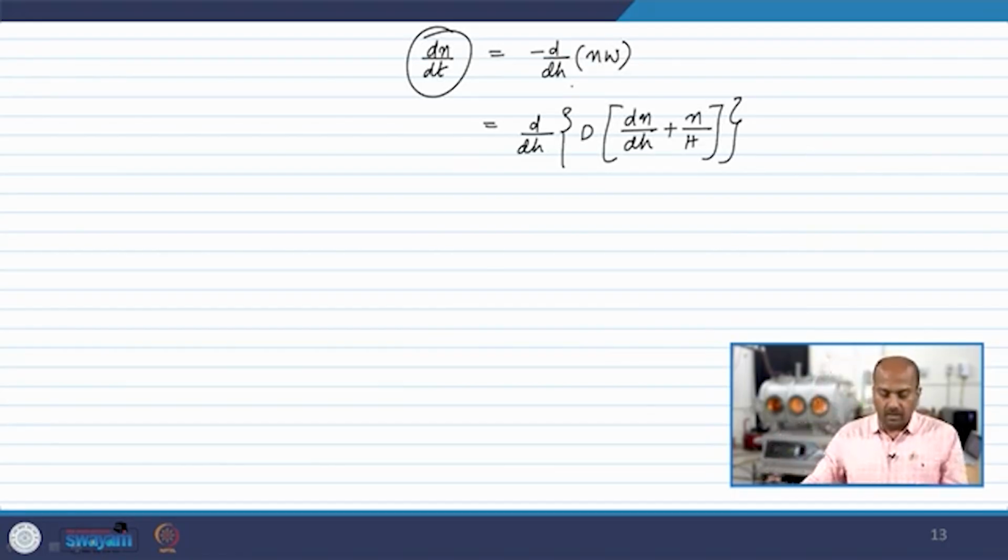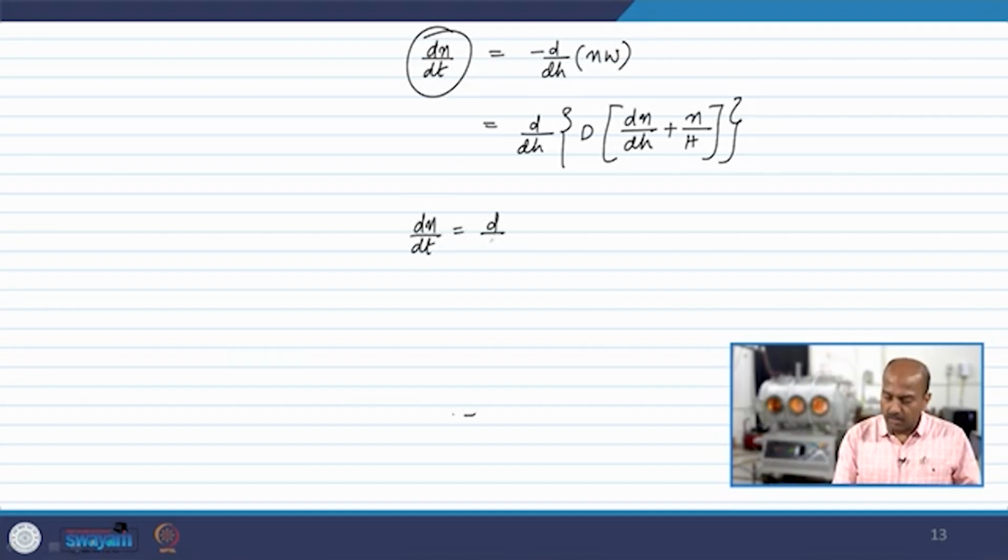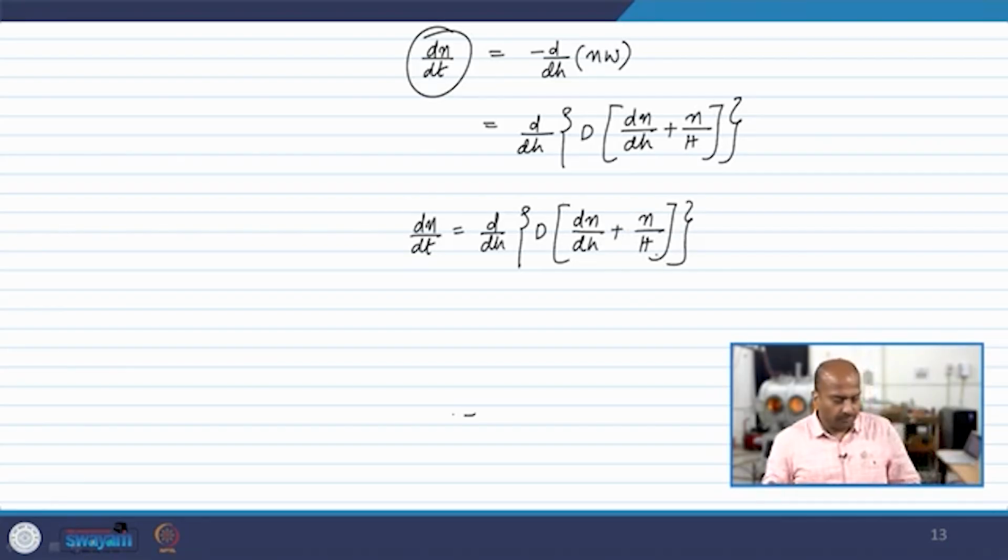Now, that minus gets cancelled. So, now dN by dt can be written as d by dH of D times dN by dH plus N by capital H.